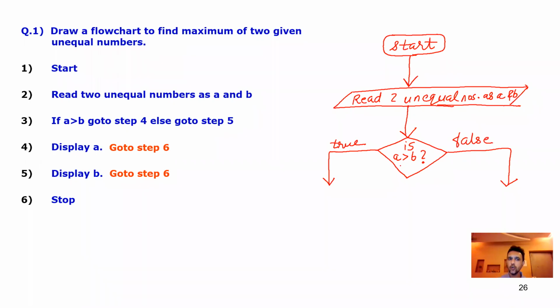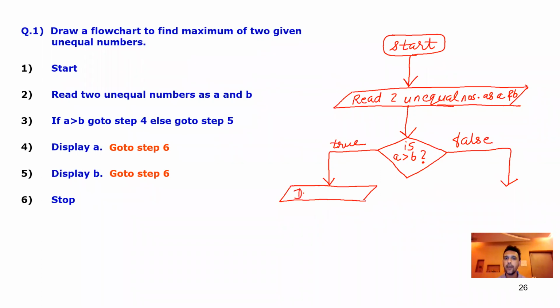Now answer a simple question. If this condition is true, I am supposed to execute which step? Display A. And display A is a process or a decision? It is neither a process nor a decision. It is output. And output is inside which symbol? Parallelogram.